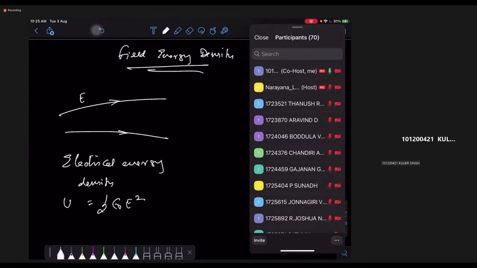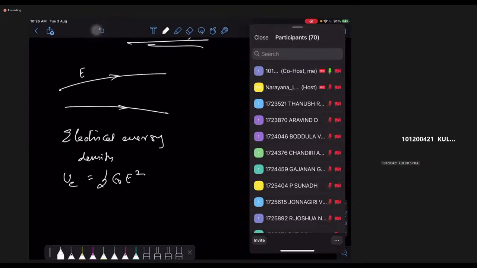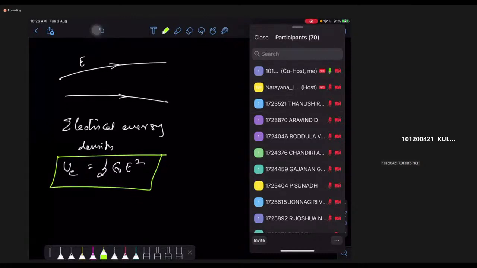We have only an indirect proof for it, no direct proof. So proof is not important here. Just understand that there is energy stored. And this is not the energy, it is energy density. It means the energy stored per unit volume.